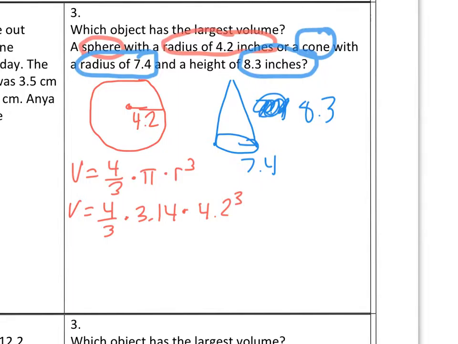Alright, so in the calculator, we're going to go ahead and work out, let's bring up my highlighter, 4.2 to the third power. So here's how you do that. In the calculator, type in 4.2 times 4.2. Now press the multiplication sign one more time. Now notice you should have 17.64 on top of your screen.